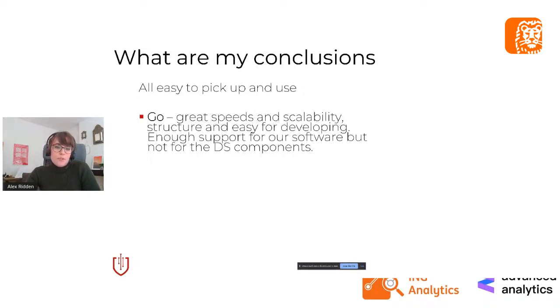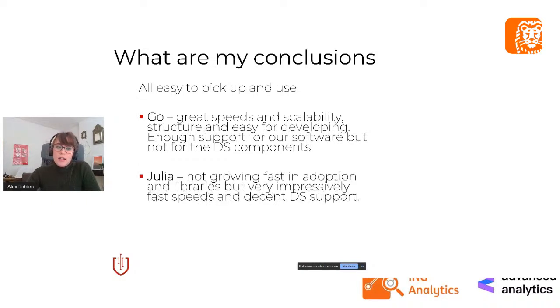So what's Go great for? Speed, scalability, structure, ease of development. And I found that there's enough support for the software, but certainly not for data science yet, at least.